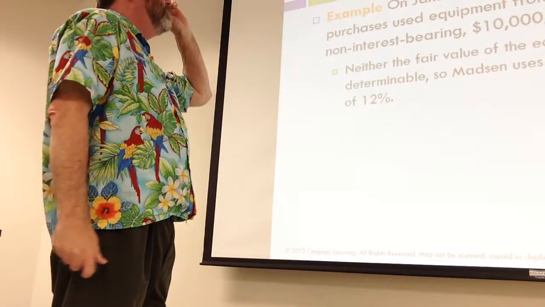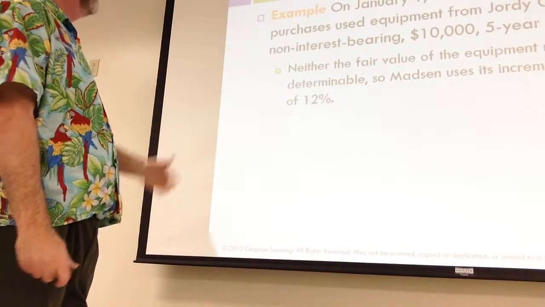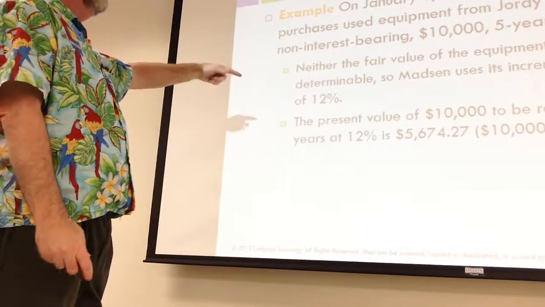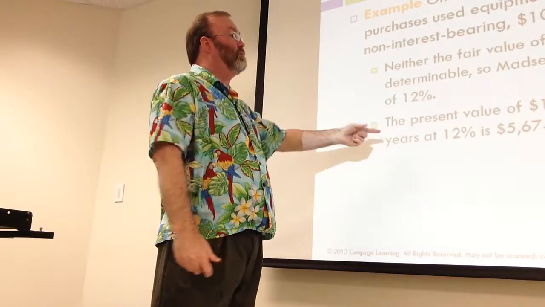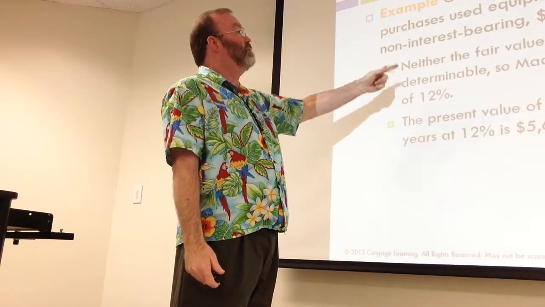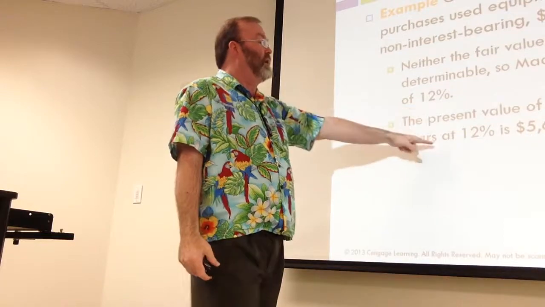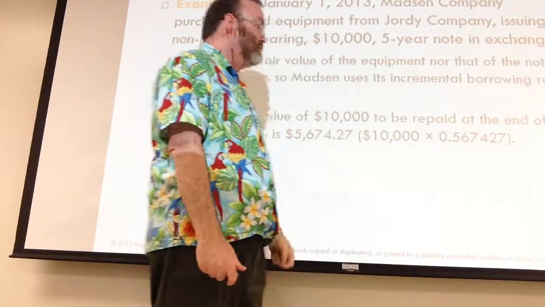Take a $10,000 5-year note in exchange for some used equipment. The similar incremental borrowing rate is 12%, so we go to table number 3, go to the 12% column, down to row 5, and we get a factor of 0.567427.